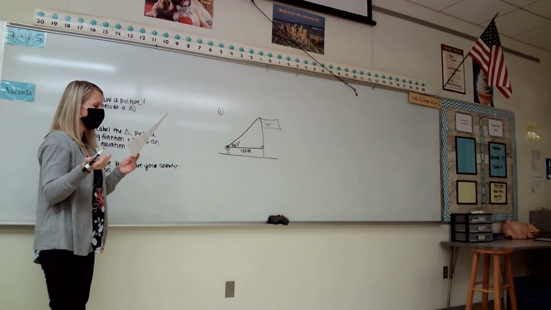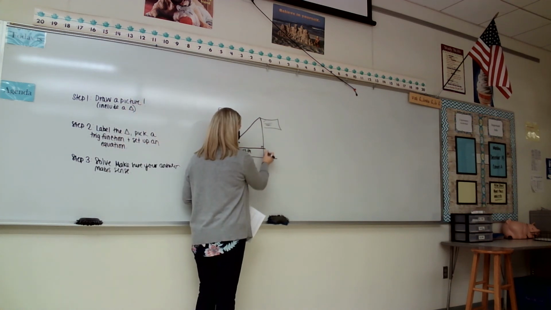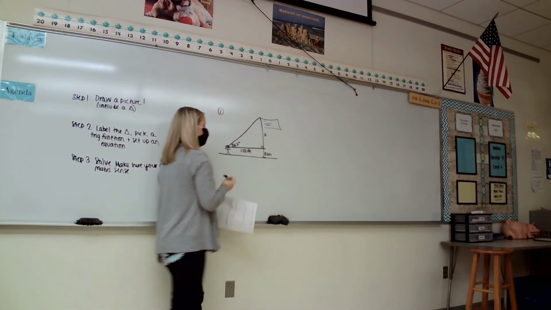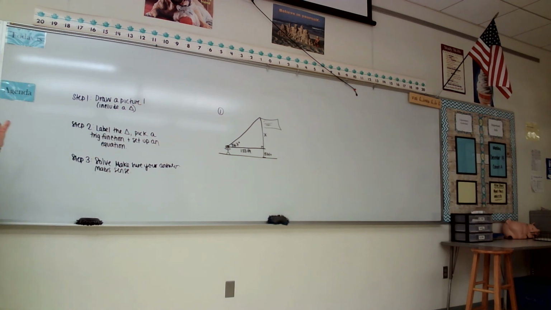It tells me her eyes are 5.3 feet above the ground. So that just means from here to here is 5.3 feet. We're going to find this, so we can find the rest of the height, and then we can just add them together. So as of right now, I'd pretty much always help you with drawing the picture part, unless we had ones that were very similar, but that's how I would set that one up.